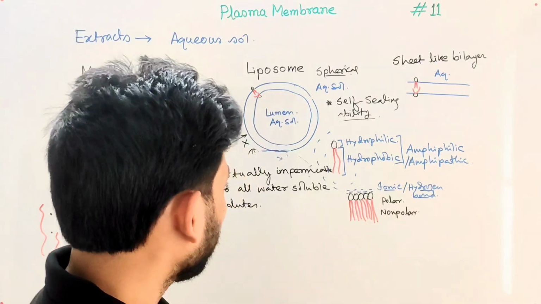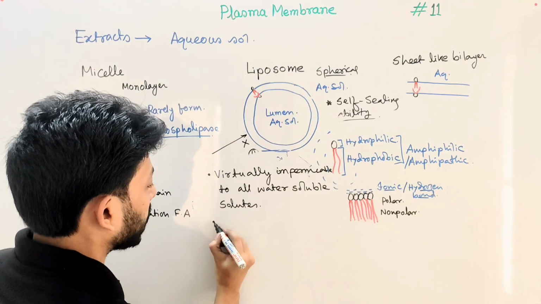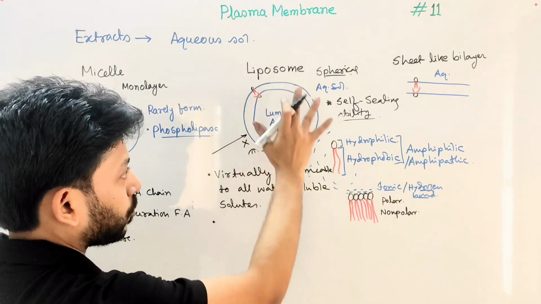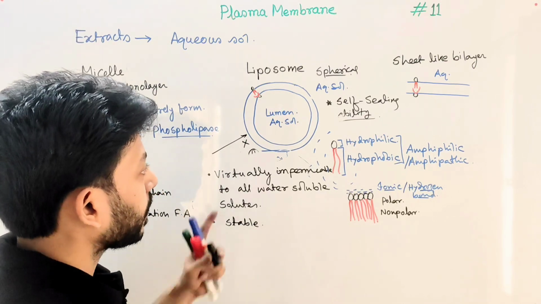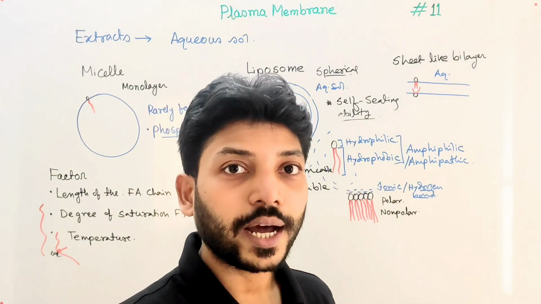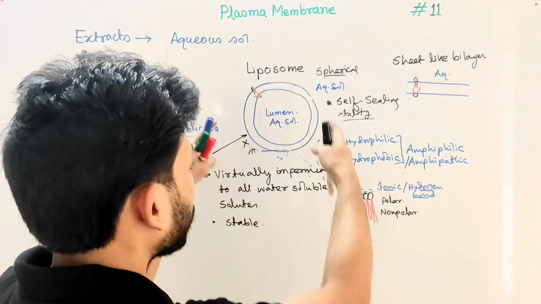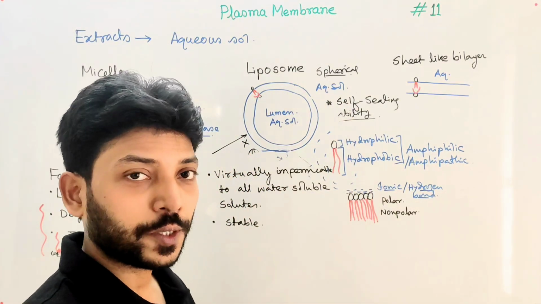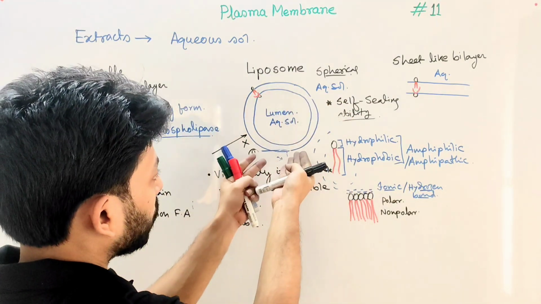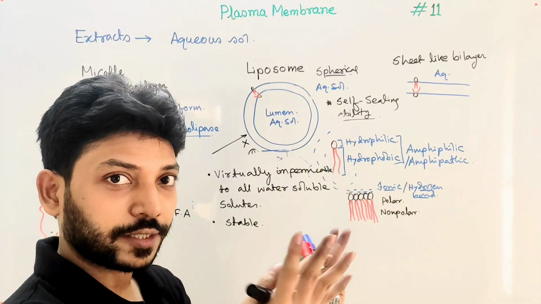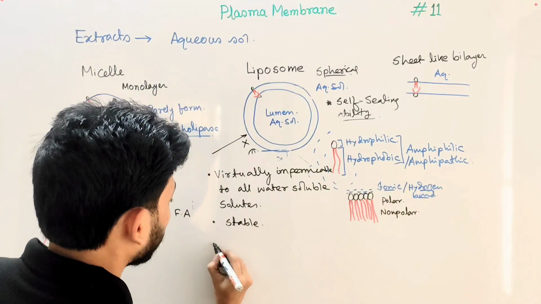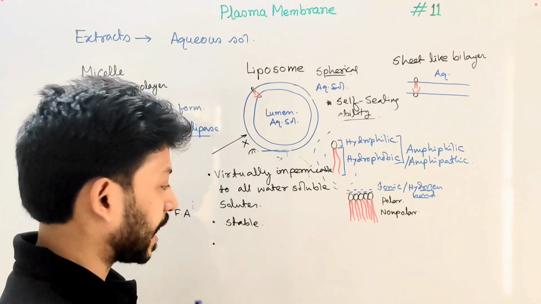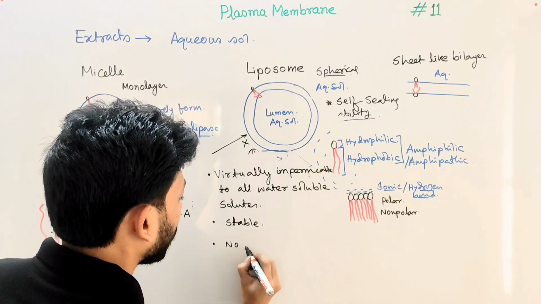The second point we can remember is that this liposome structure is very stable. The pH or the ionic content of the aqueous solution can vary hugely, but the architecture of this bilayer structure remains stable. The third point, which I have already discussed, is that there will be no edge.